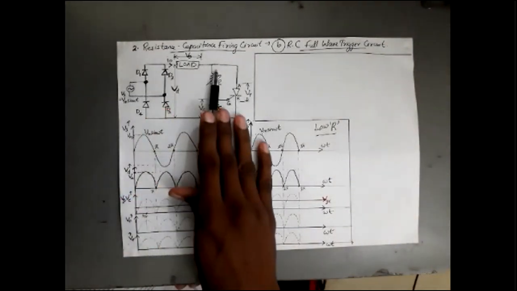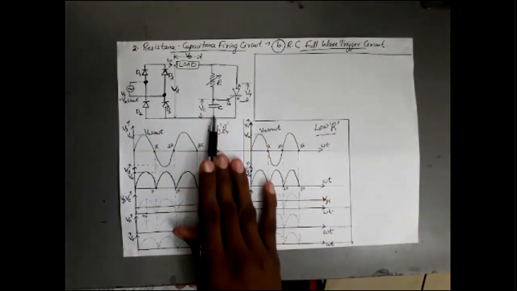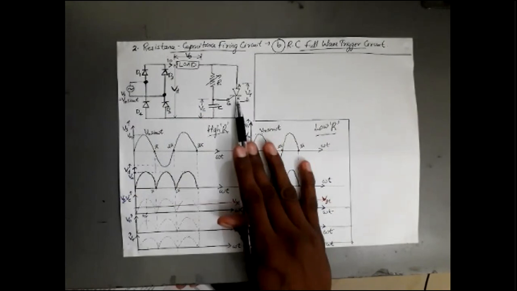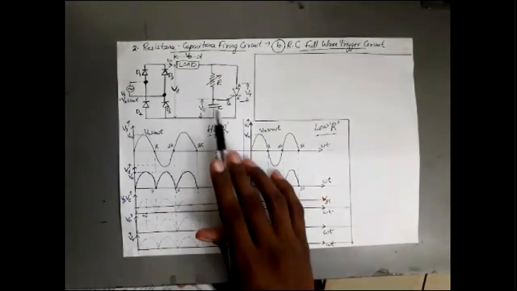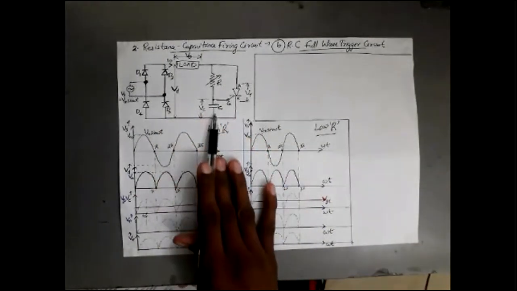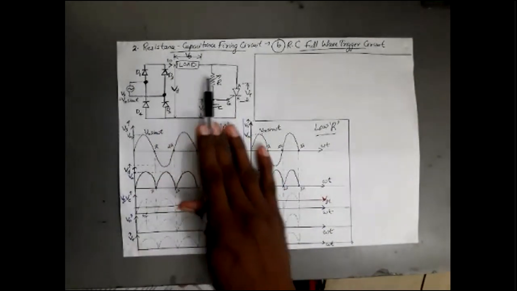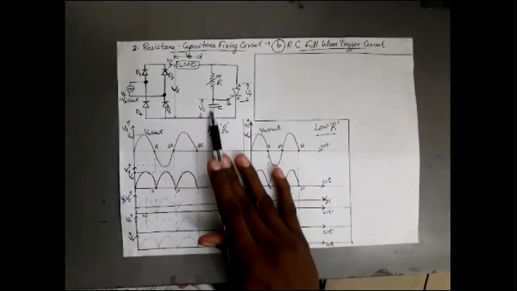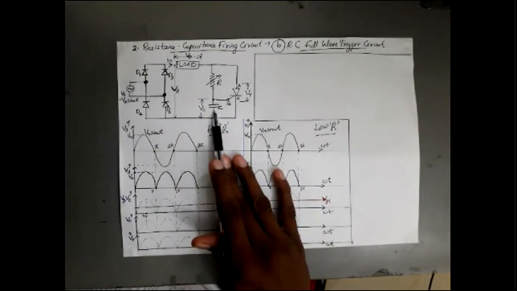Initially my thyristor was in the off position, so no current will be flowing through VT. The current was flowing not through the thyristor but through the resistor and a capacitor. Now a small current is flowing through the resistor and capacitor, and that current will be charging my capacitor to voltage VC.